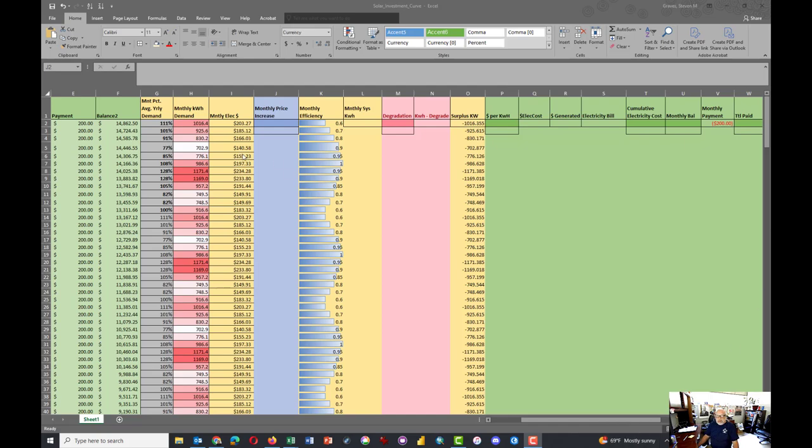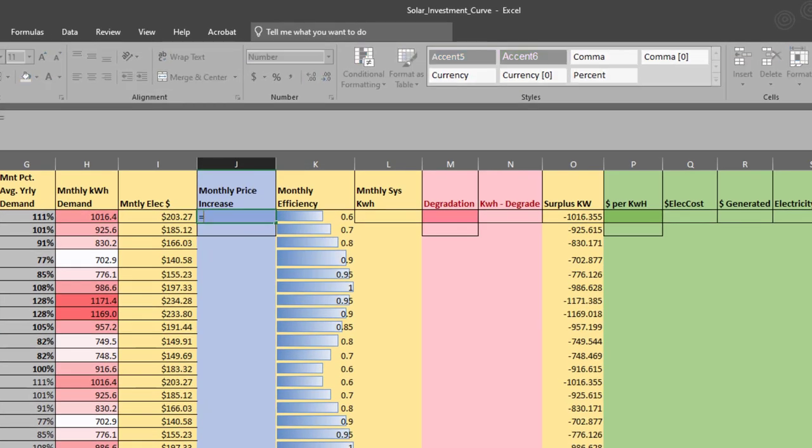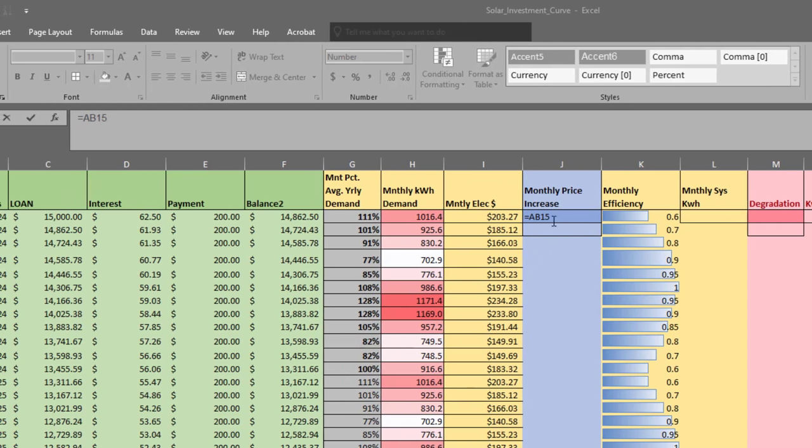And so here in cell J2, what we're going to do is just type in equals, and reference the cell that had our monthly price increase, which was simply AB15. And so you see it here in cell J2.